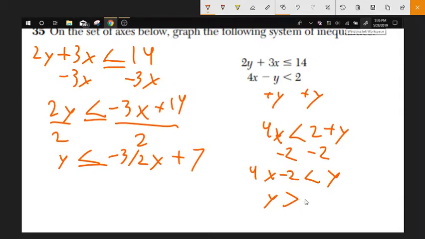Y is greater than 4x minus 2. Alright, so now that these look more like linear equations, linear inequalities are applied the same way as linear equations. You just shade in below or above the line to make it complete.